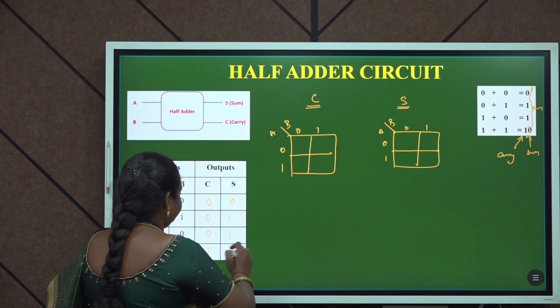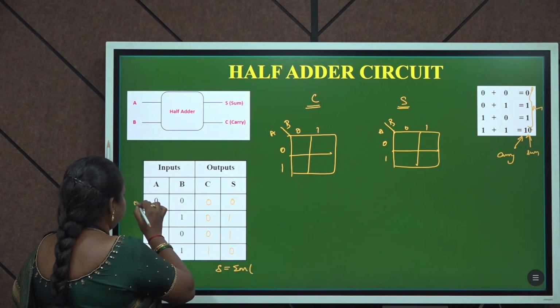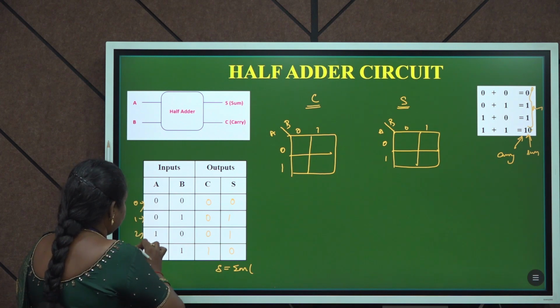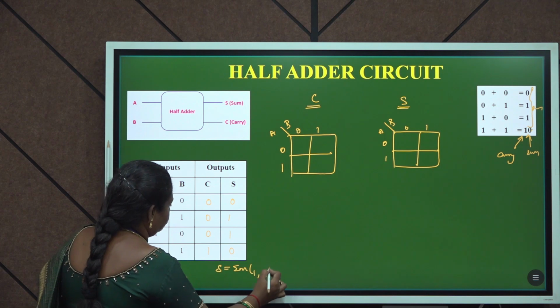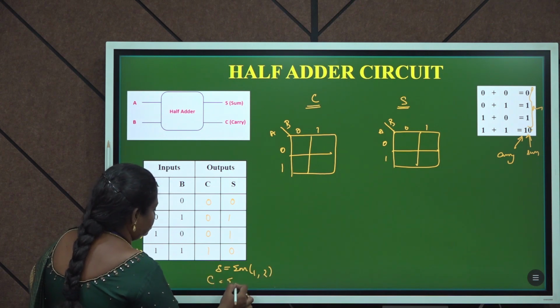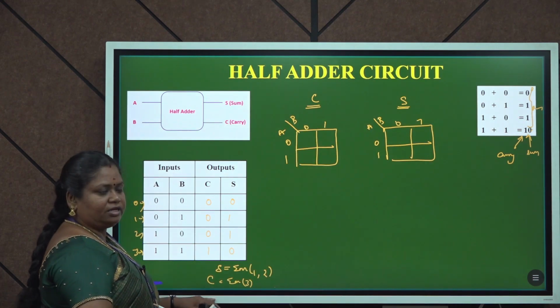We are going to fill the min terms here. My sum min terms are, for 0, 1, 2 and 3, the min terms 1 and 2. My carry min term is 3. So we have extracted the sum and the carry min terms.